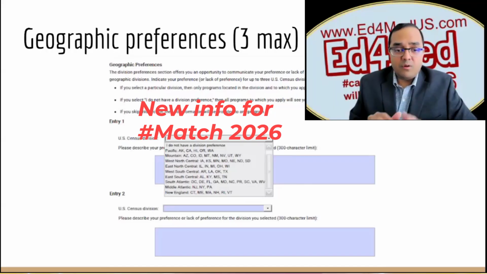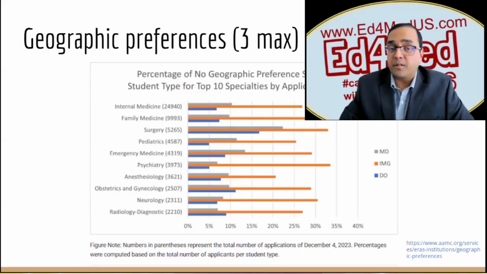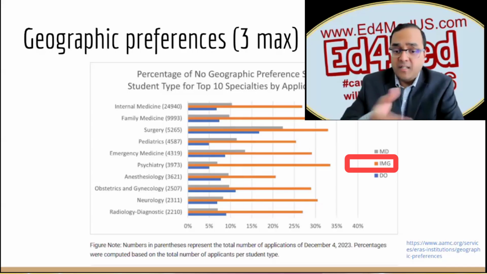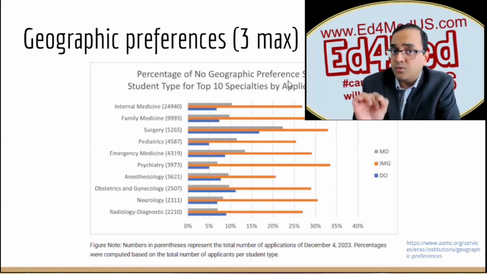Now, what's happening is, in looking at data, it's clear there's a lesser proportion of international medical graduates providing geographic preferences when you compare that with US medical graduates. And this is data shared with AAMC, where it shows a percentage of no geographic preference. So choosing I do not have geographic preference by the student type for top 10 specialties.